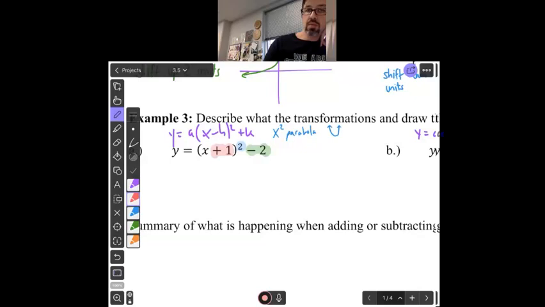I need to be more specific than that, Victoria. Like, what is the shift? What direction? How much? Stuff like that. So we are talking about shifts, but what direction?